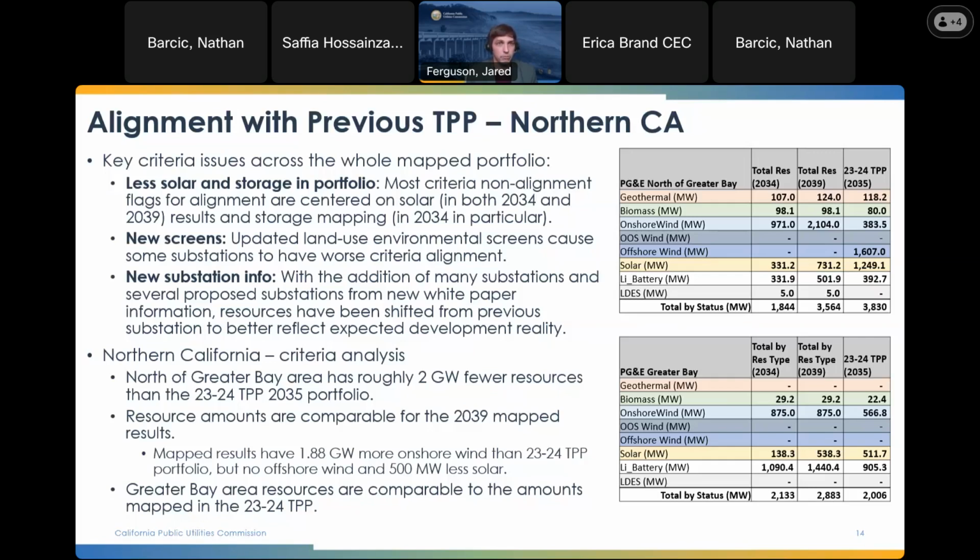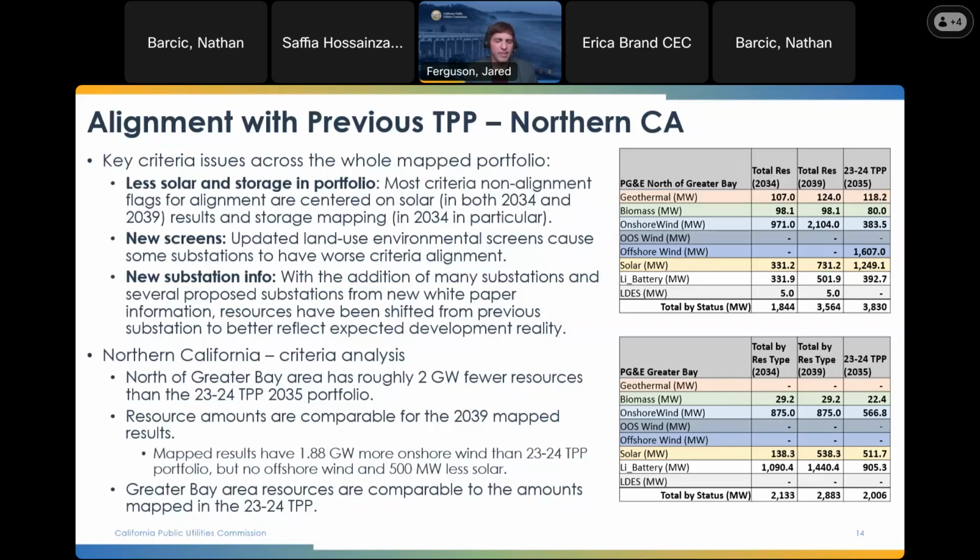Some other reasons for the misalignment in the portfolio are that we have new and updated land use and environmental screens from the CEC, which identify areas that are not as ideal for development.